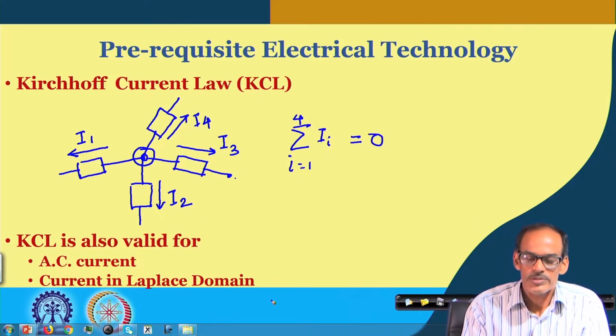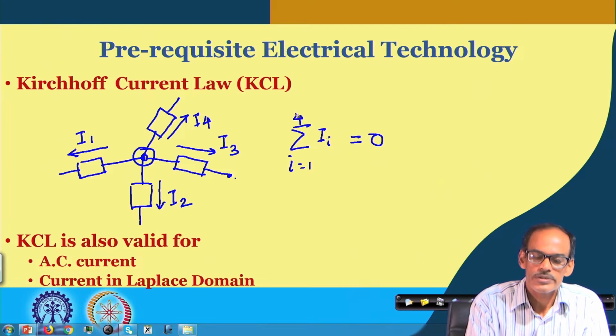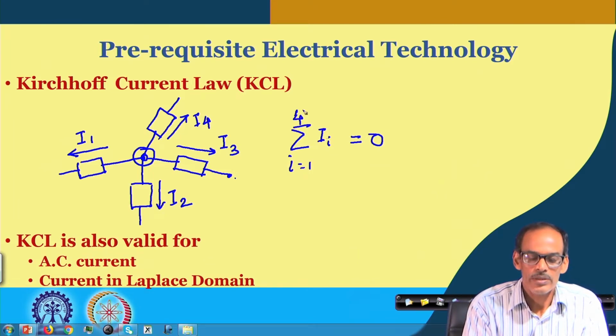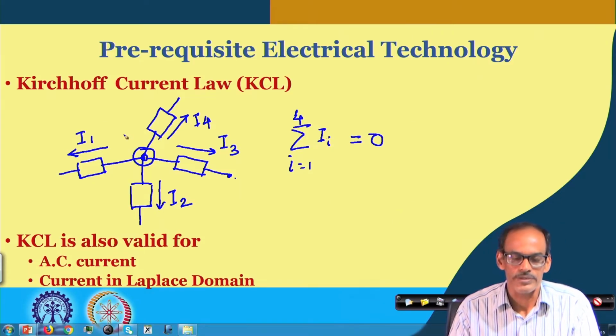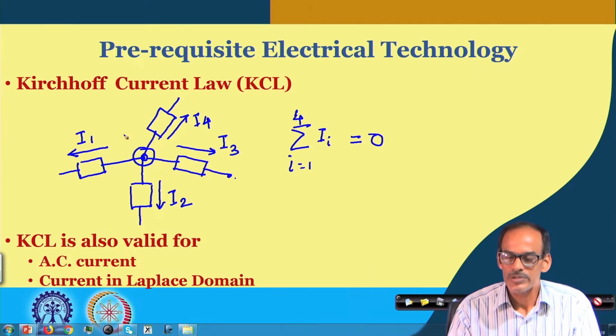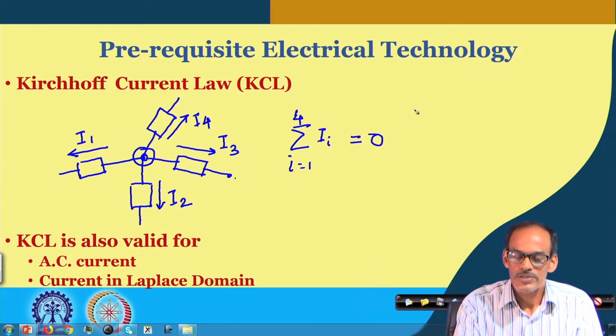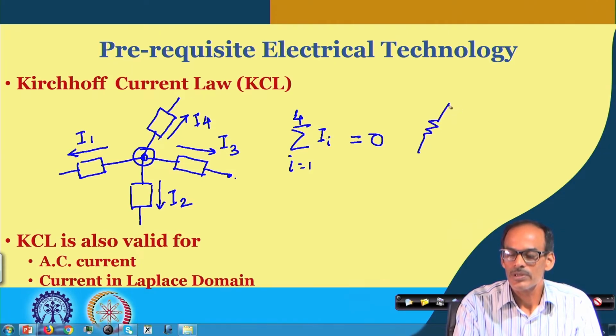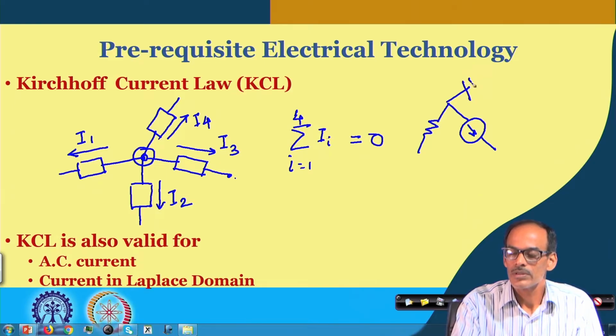So, we frequently use this equation to find some unknown quantity from some of the other known quantities. Now, as I said, this equation will be frequently used, and for example, these elements may be resistive, and then one element may have a constant current, and another element may be capacitive in nature, and so on.